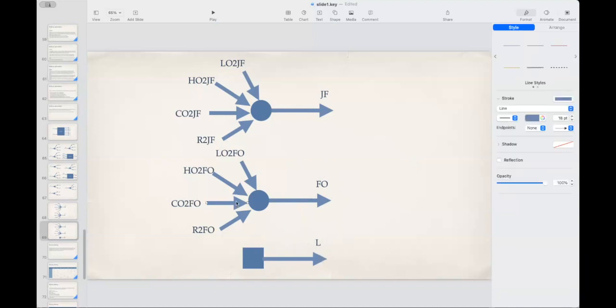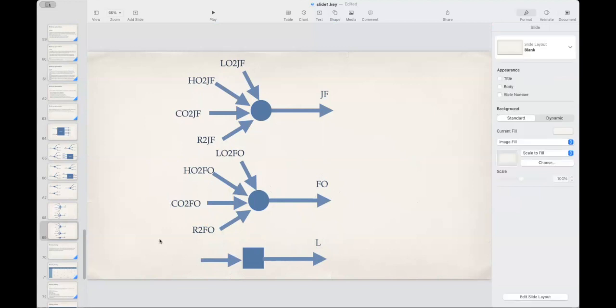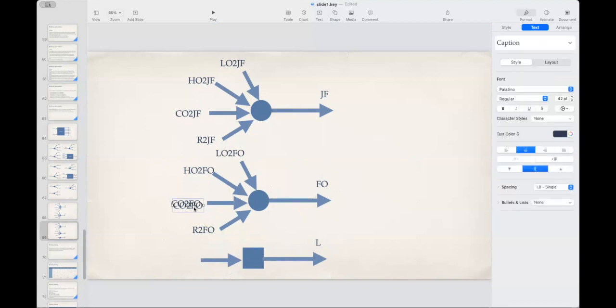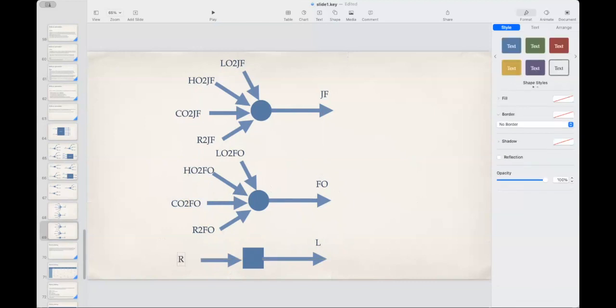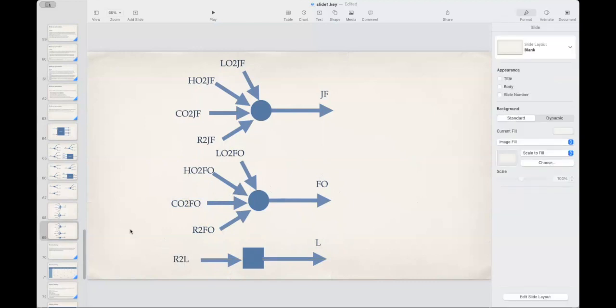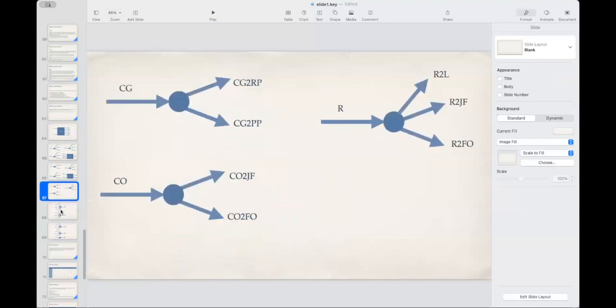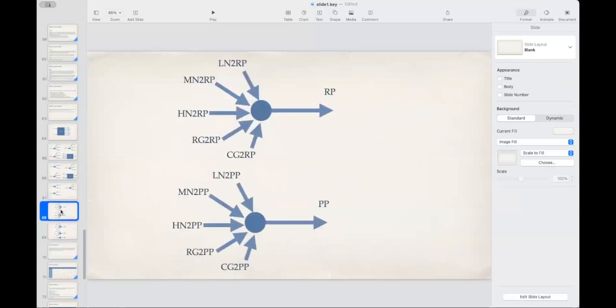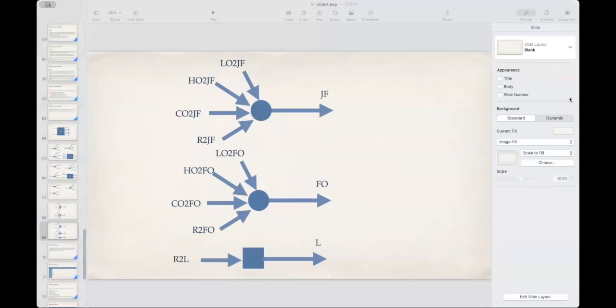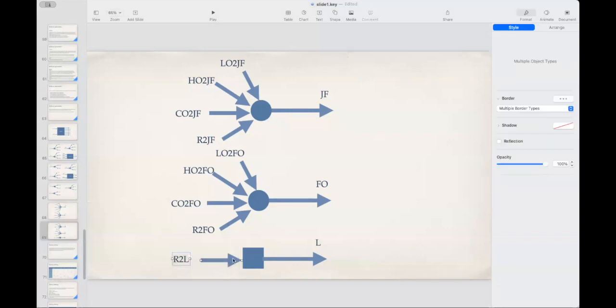And we take one stream, and this stream must be R to L. Let me check. Yes, R to L. In my code, I use this system. Okay, good.